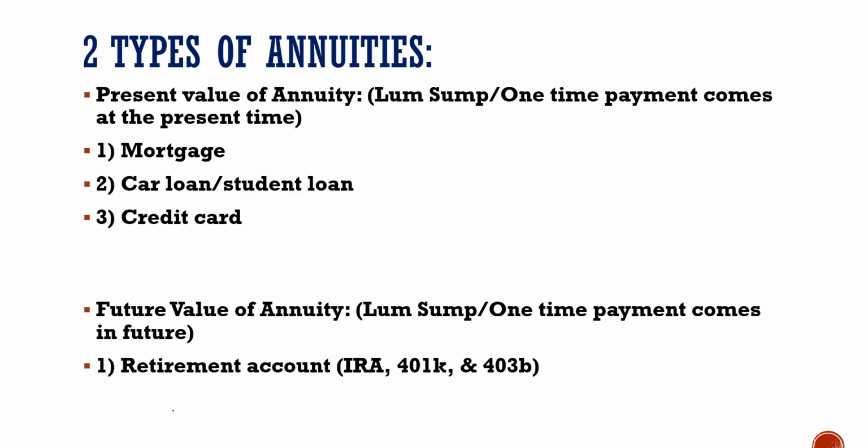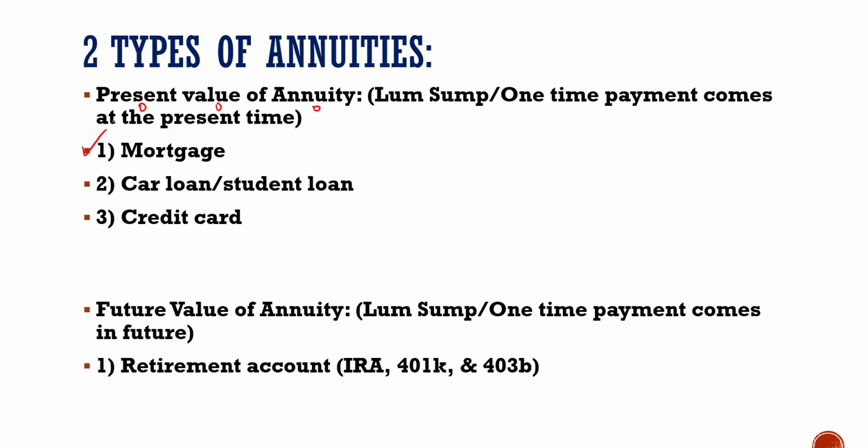We have two types of annuities. The first one is called the present value of the annuity, meaning the one-time payment comes at present time. So we have mortgage, the first type of annuity. Same thing for car loan, student loan.